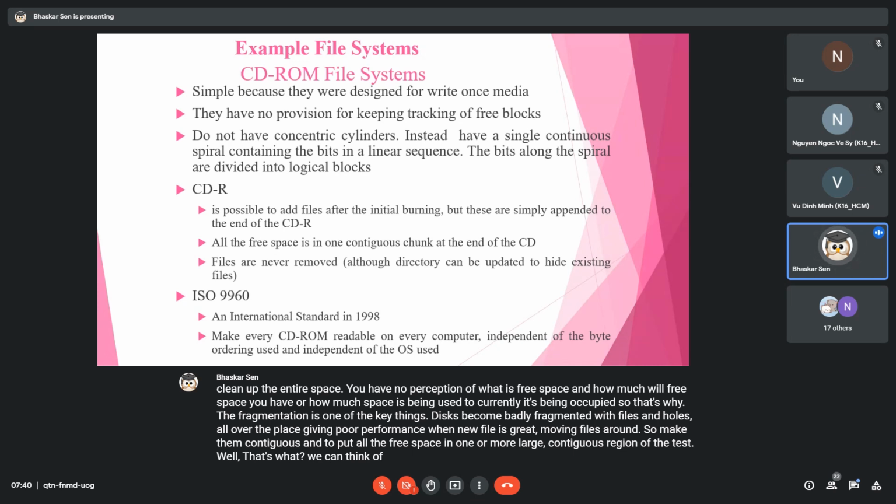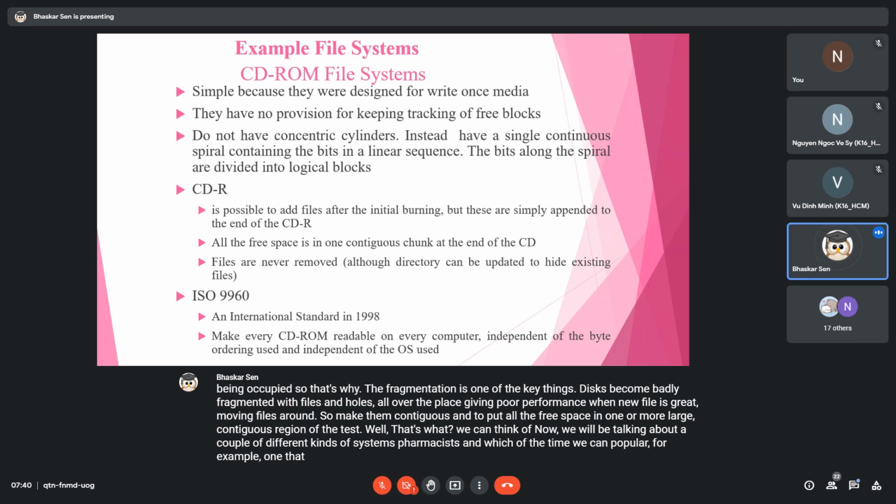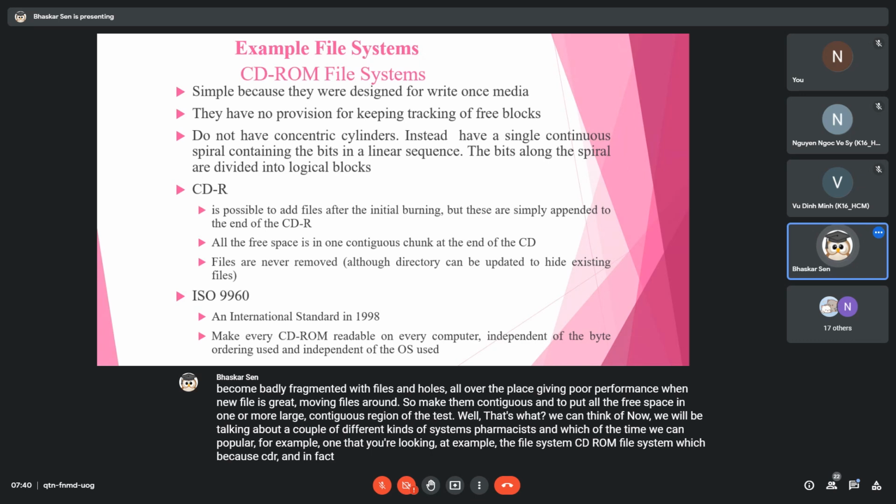Now we will be talking about a couple of different kinds of file systems which over time became popular. For example, the one you're looking at, the CD-ROM file system, which they call CD-R. In fact, this is the one I was talking about.